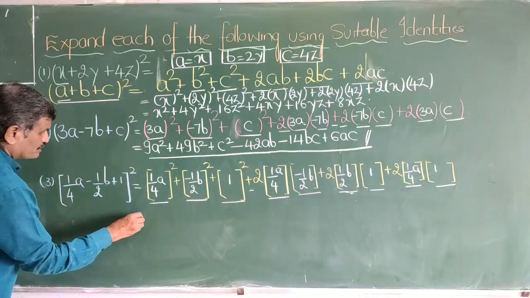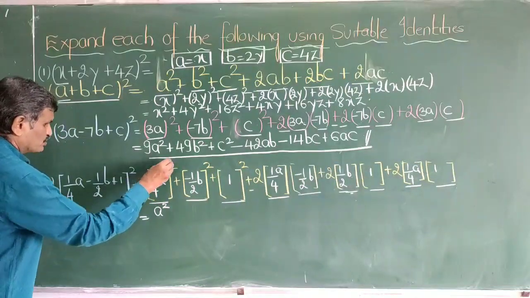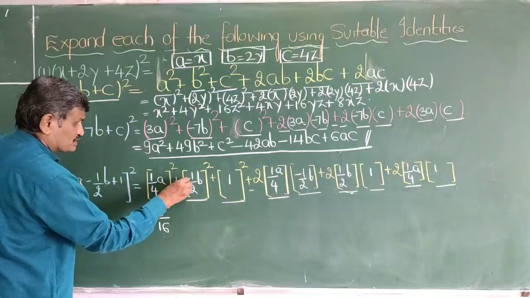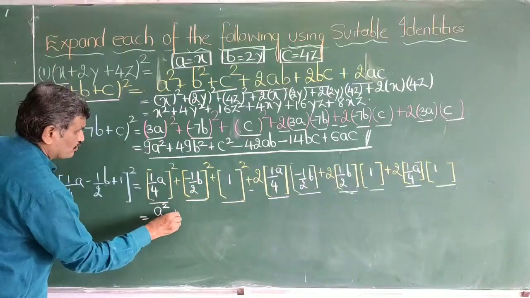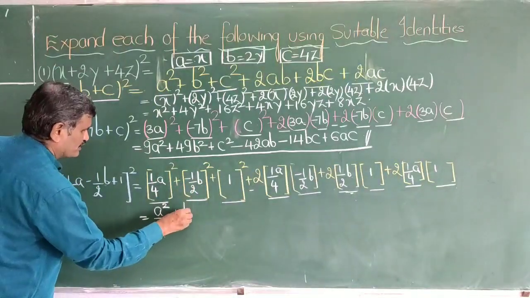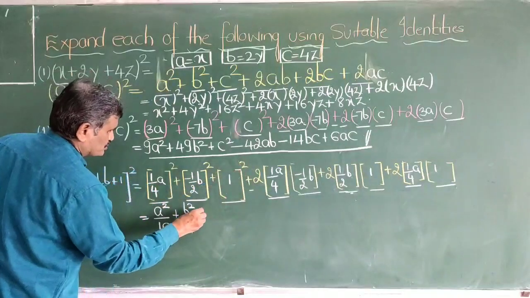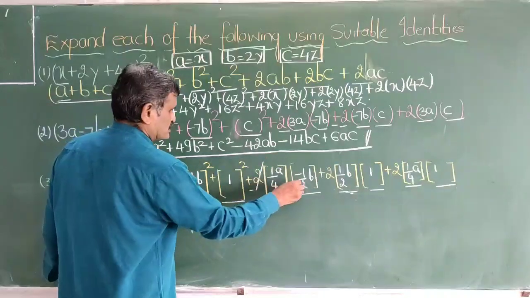Now this, if I solve it, then this becomes what? a square by 16, minus square is plus and half square is 1 by 4 b square, that means b square by 4, and 1 square, you know children, it is 1. Now here I can cancel this 2, cancels with 2.